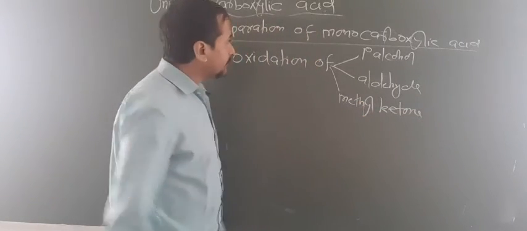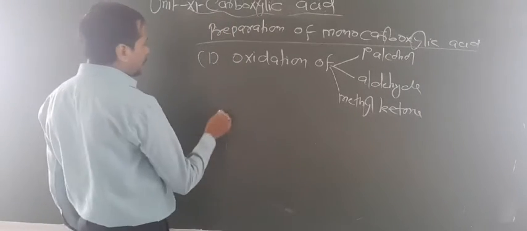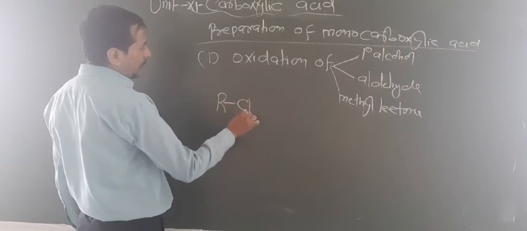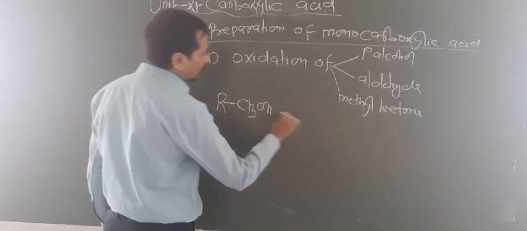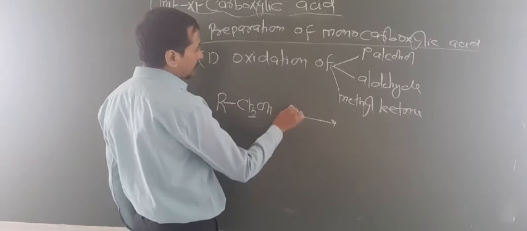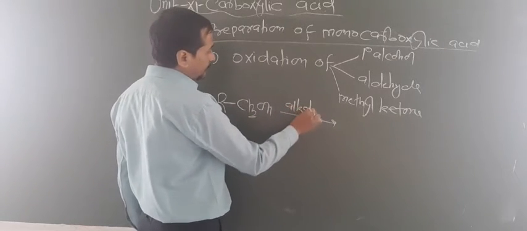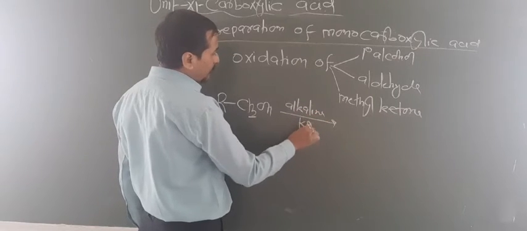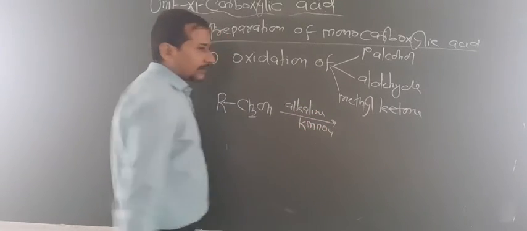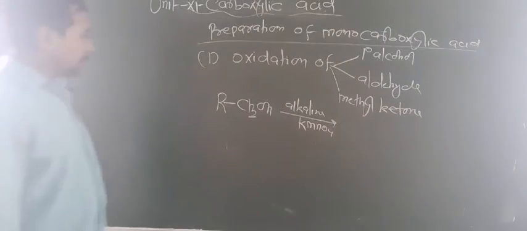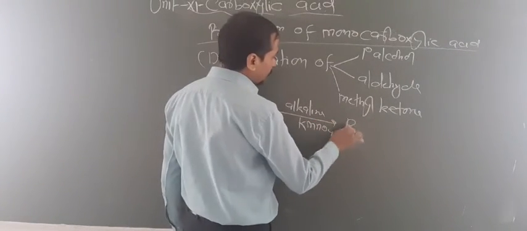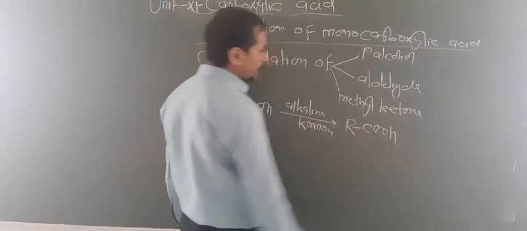So now look here. For 1 degree alcohol, you have taken RCH2OH. Now this will react with alkaline KMnO4 or K2Cr2O7. So 1 degree alcohol can be changed into acid having the same number of carbons.